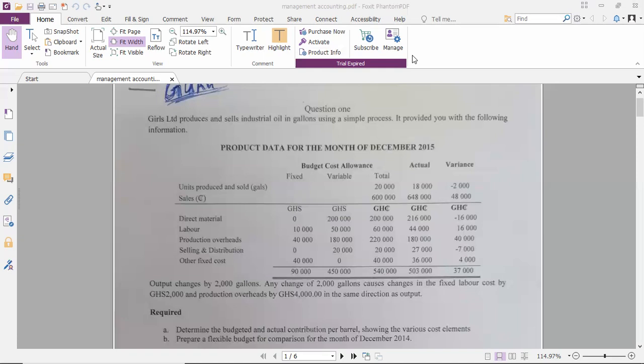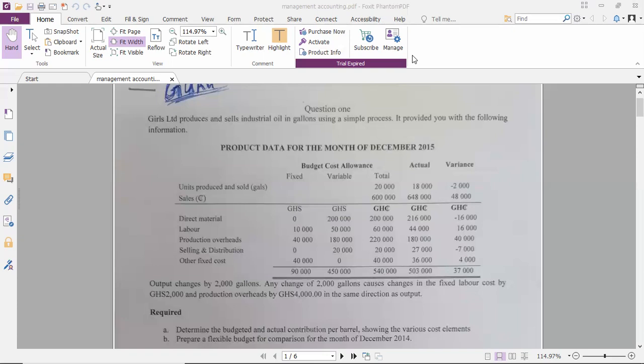Now, you can be asked what type of budget has been presented to you. This type of budget is a fixed budget. A fixed budget is a type of budget where the budgeted output is different from the actual output.